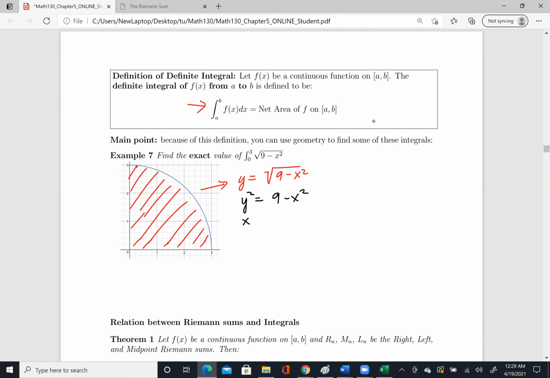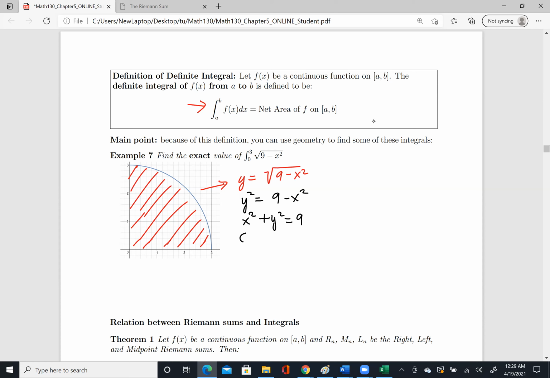The equation becomes x squared plus y squared equals 9, and it is the equation of a circle.